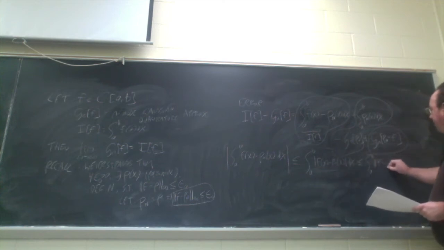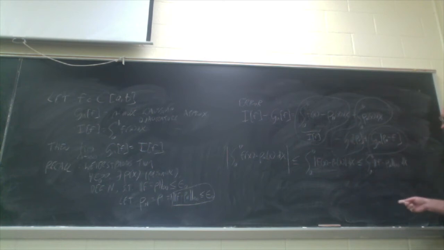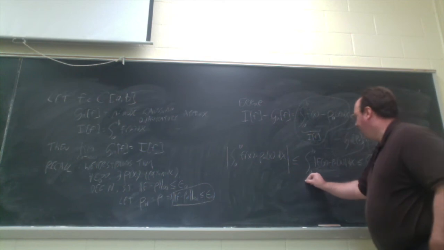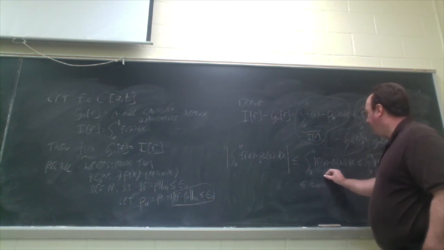But that's just going to be the infinity norm of f minus p capital N, because from chapter 8, the infinity norm is just the maximum absolute value on the domain. But this is less than or equal to epsilon naught. So this is less than or equal to epsilon naught times the integral from a to b.